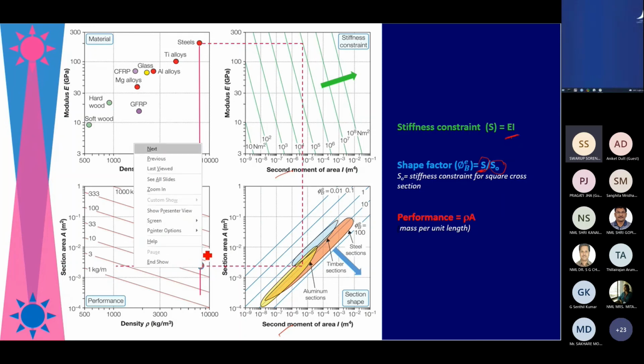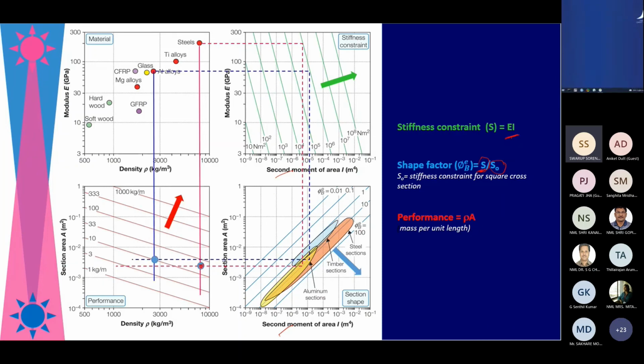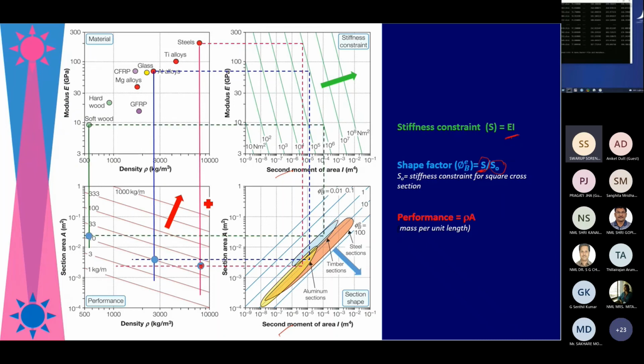Similarly, if we use aluminum alloy, then for the same value of EI for the same shape, go to aluminum alloy and see what is the section area we require for this. Okay, and then you choose soft wood, use the same EI, the same shape, and then go to this timber and see what is the section area.